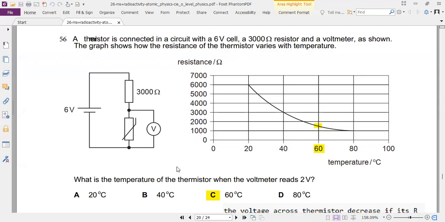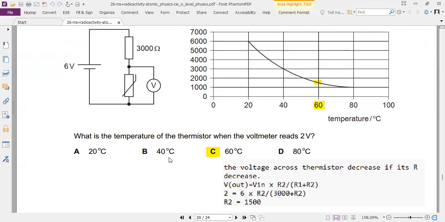So how I have worked it out is like this. The voltage across the thermistor decreases if its resistance decreases. Well, that is for any resistor, that if you decrease the resistance, the voltage across it should decrease.